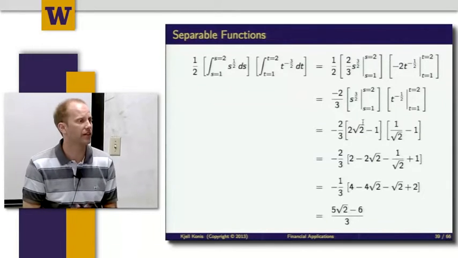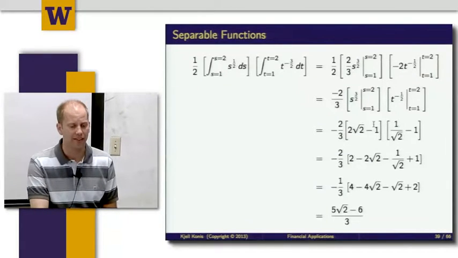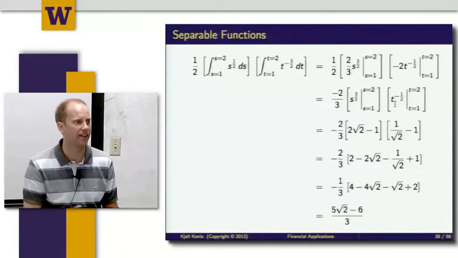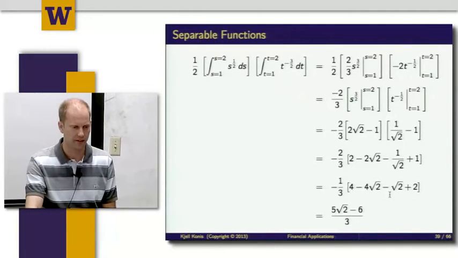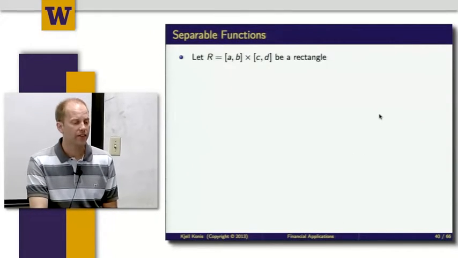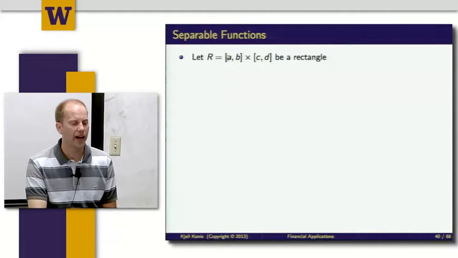But because we were able to separate this integral, at least for me, I felt it was a lot easier to evaluate it this way than trying to integrate it twice as an iterated integral. And in general, this is going to work only when we have a rectangular domain of integration.